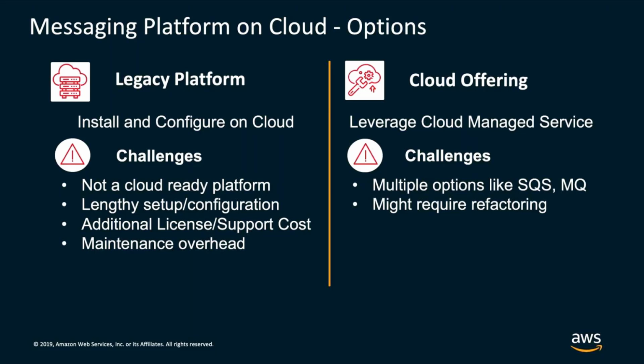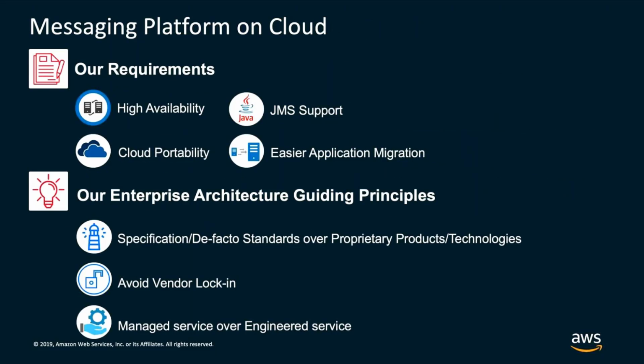So what we did, in order for us to make a decision, was look at our key requirements and then at our architectural guiding principles. Our key requirements were that the platform we choose should be highly available, with at least 4 nines of availability.